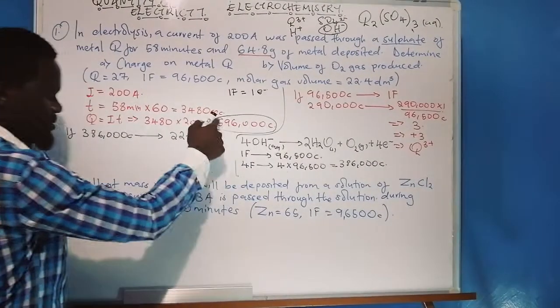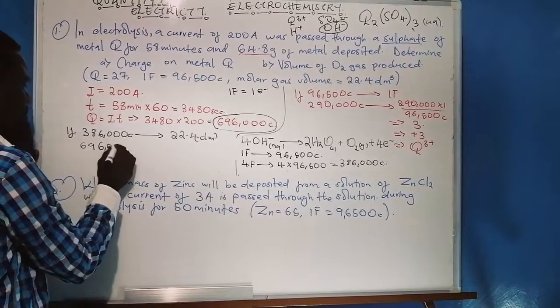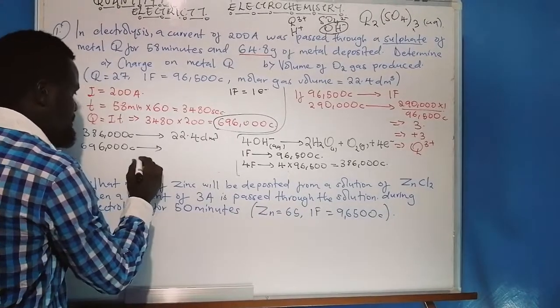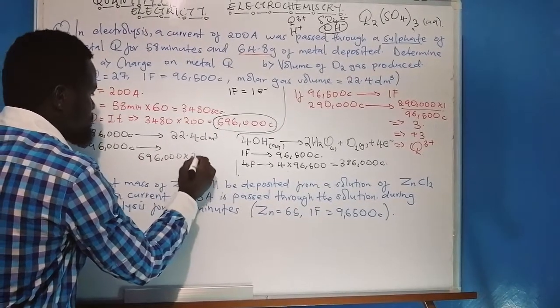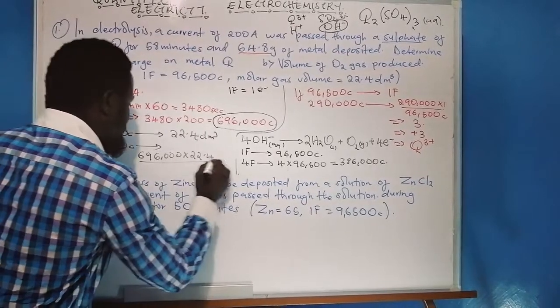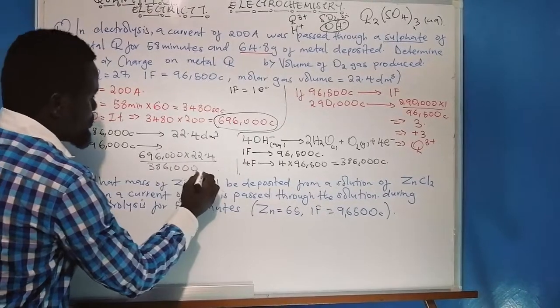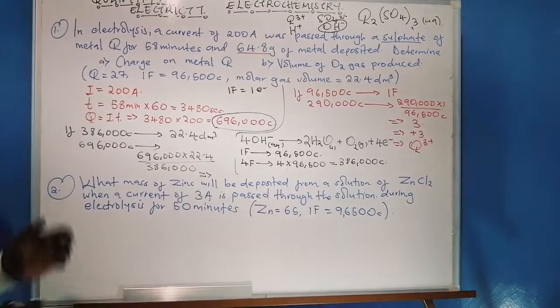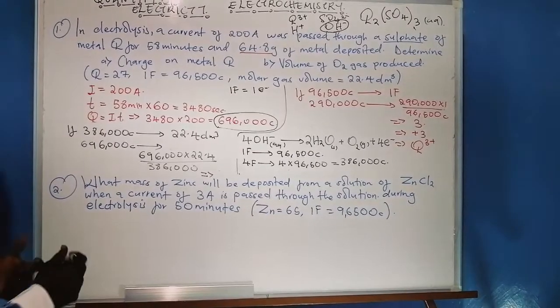How about this charge that is given out? So it will be 696,000 coulombs. So it will be 696,000 times 22.4 divided by 386,000. So when you punch that in your calculator, you will have 40.39.